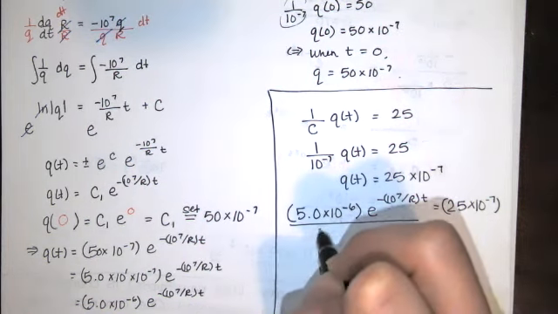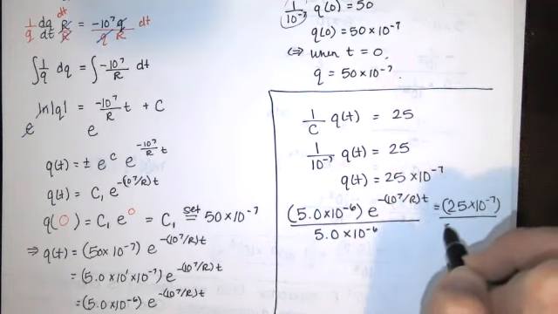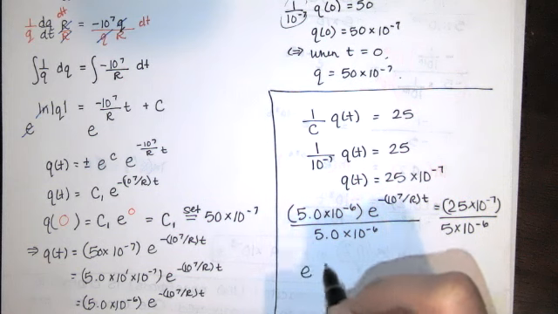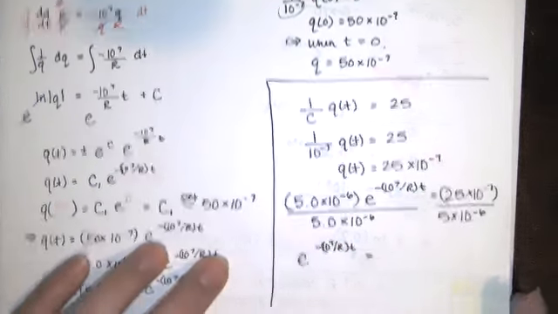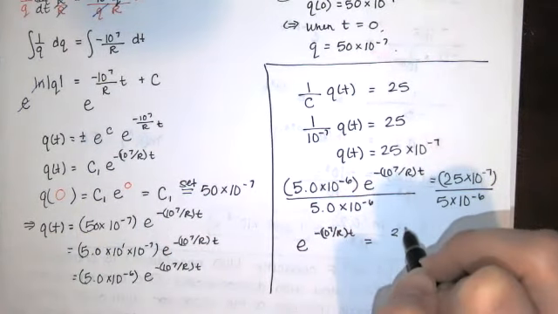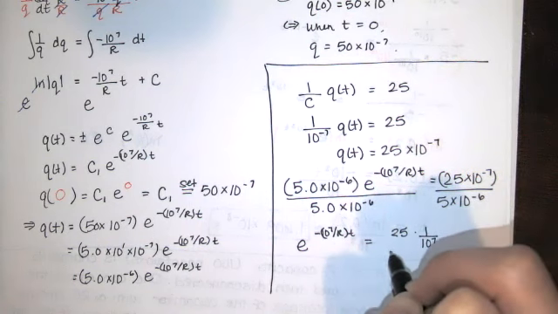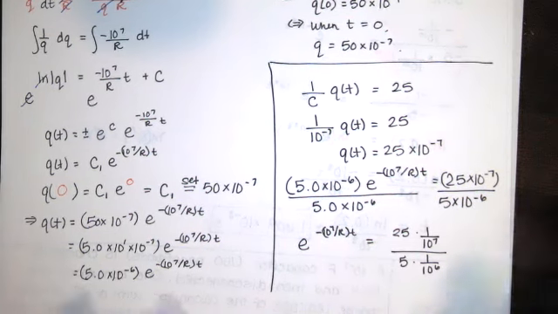So the first thing that we'll do is divide both sides by 5 times 10 to the negative 6 to isolate the exponential. And so I'll have e to this power equals this. So you have 25 times 1 over 10 to the 7th divided by 5 times 1 over 10 to the 6th.